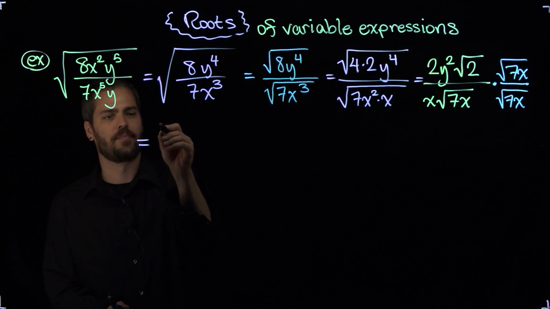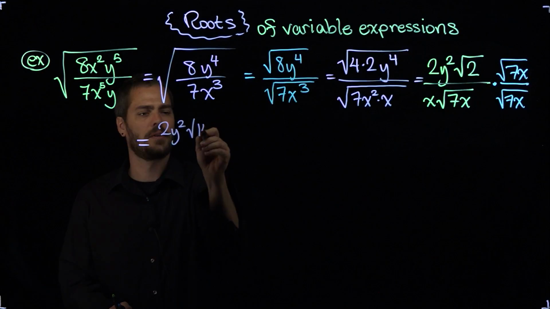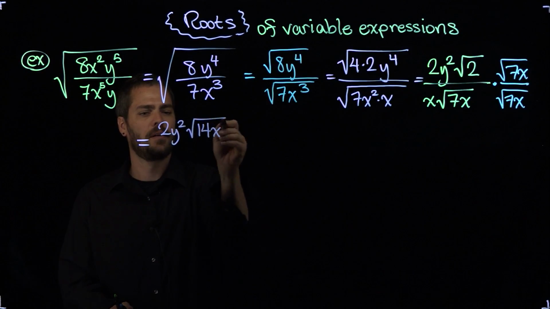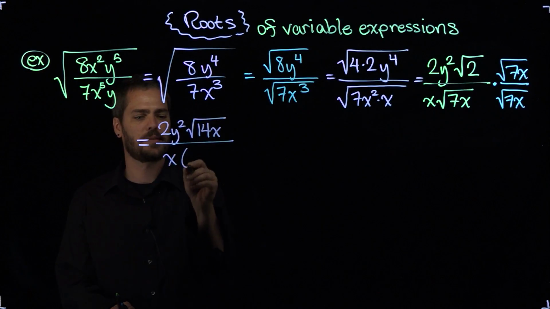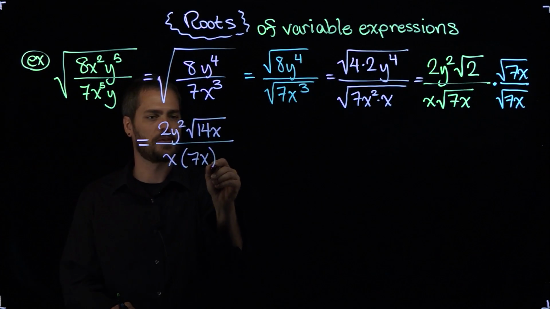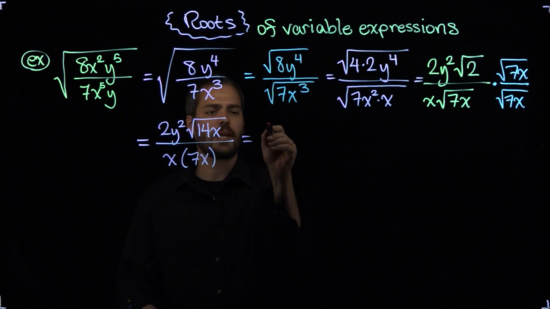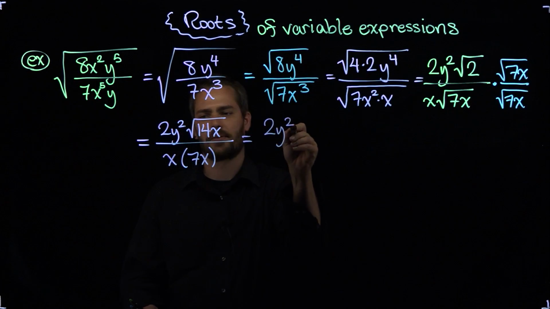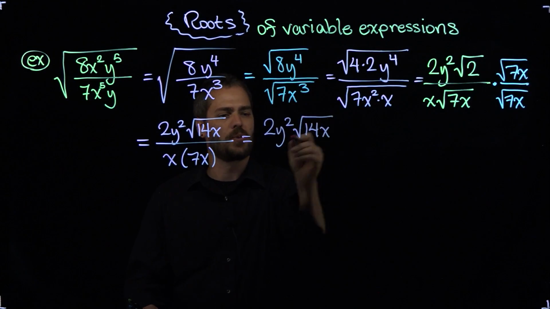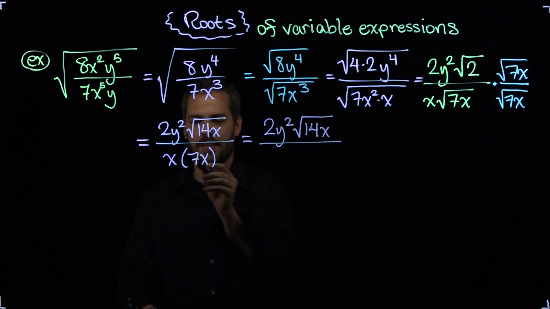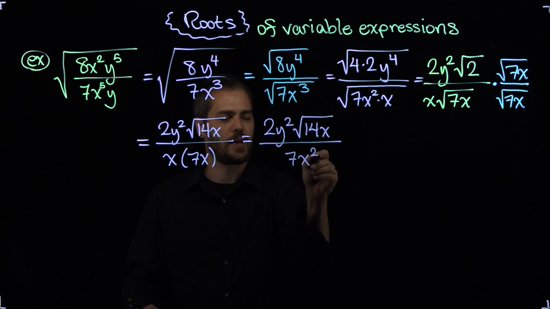So this would give me then 2y squared root 14x on the top, and on the bottom I get an x times 7x, the root symbol goes away. And I'm going to continue to simplify from there. To obtain 2y squared root 14x, nothing really more to do up there. On the bottom, x times 7x is 7x squared.